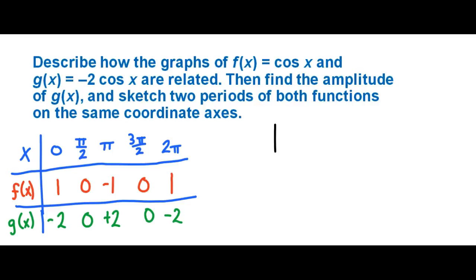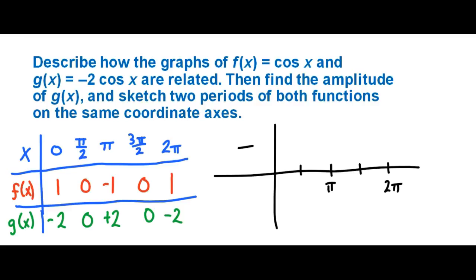So on a graph, we need to graph 2 periods. So again, I'll put pi over 2, pi, 3 pi over 2, and 2 pi. We want f of x in red.